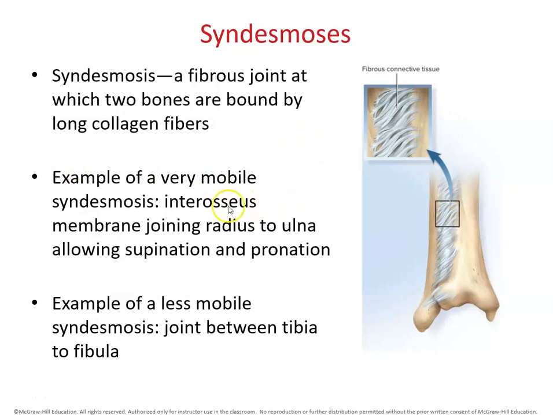When we have an attachment between the radius and the ulna, this allows the radius and ulna to move somewhat freely at the elbow end. These can also be less mobile, as in the case of the tibia and fibula. They don't move very much in this particular type of joint.